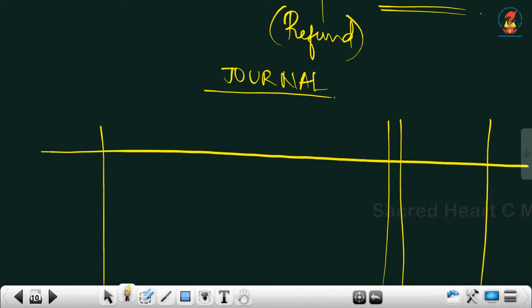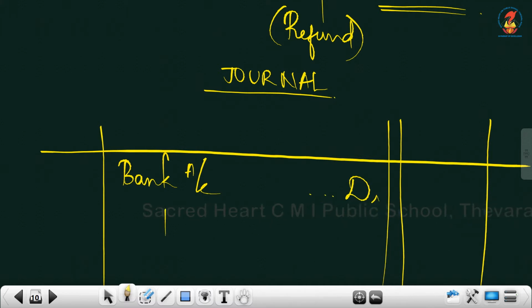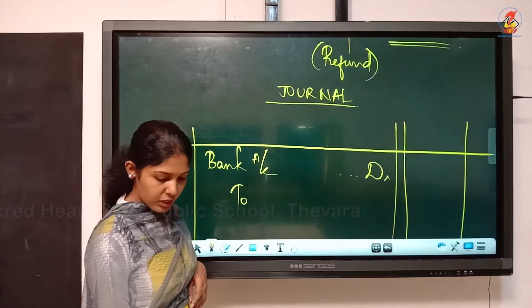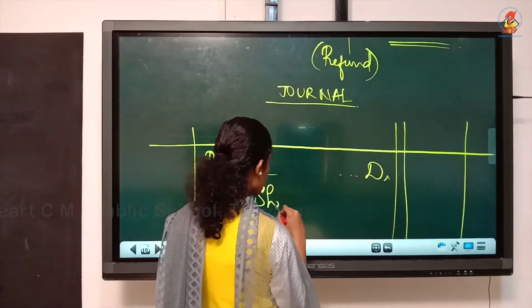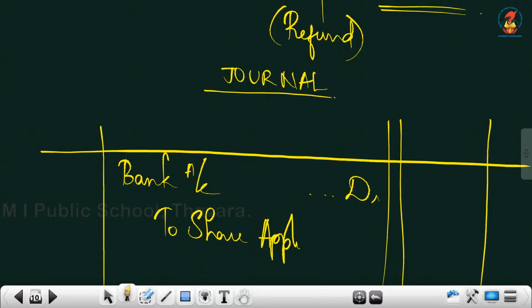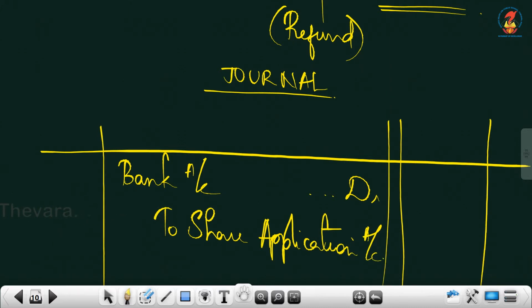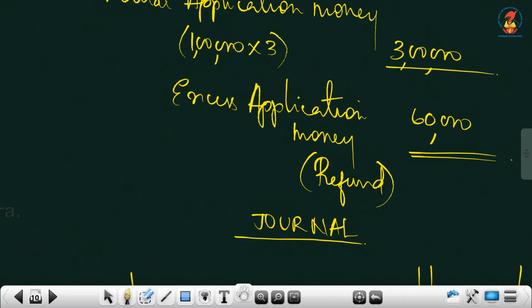Give column headings. So the first entry, that is bank account debtor to, is it equity share? Is it mentioned like equity share? No. So you write share application. Bank account debtor to share application account. For this, you don't have to do any calculations now.